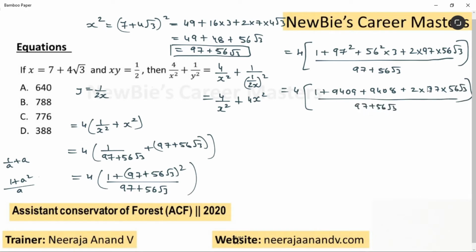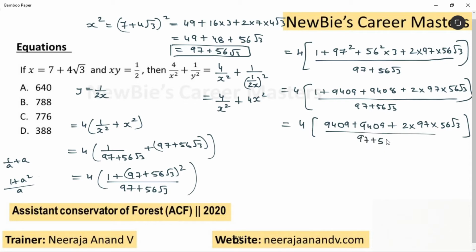There is a reason to keep these numbers as they are, okay? Just observe my solution, you will get it. Now, 4, 9409. Let's add this 1 to this value. 9409 plus 2 into 97 into 56 root 3. Okay, what's the denominator?